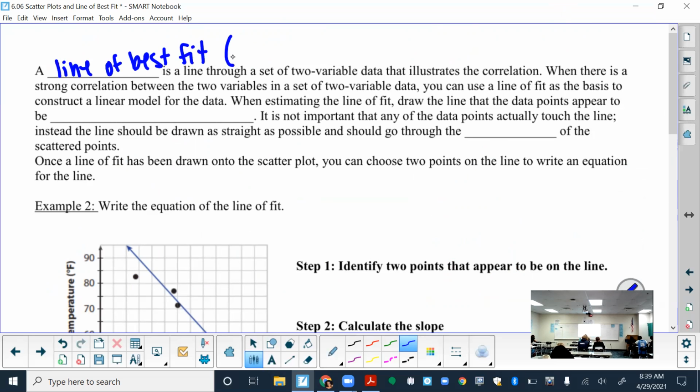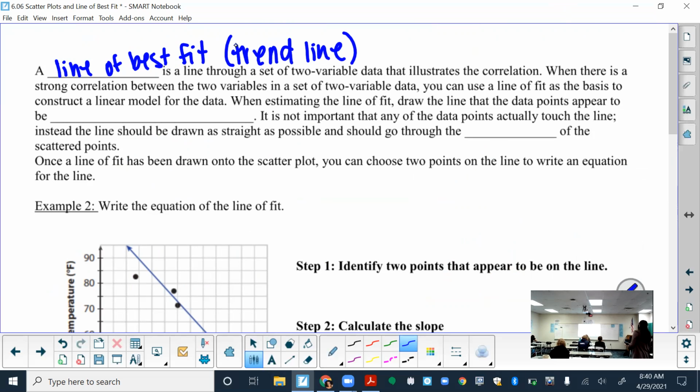They're also called trend lines sometimes. It is a line through a set of two variable data that illustrates the correlation. So lines, like we saw on the first page, those are lines of best fit.